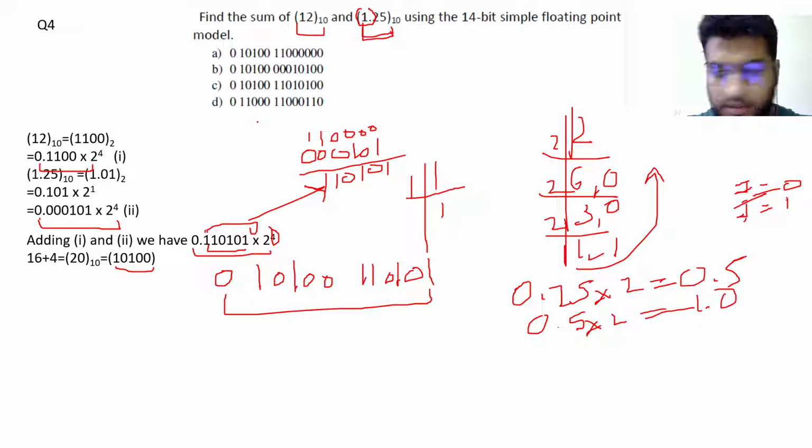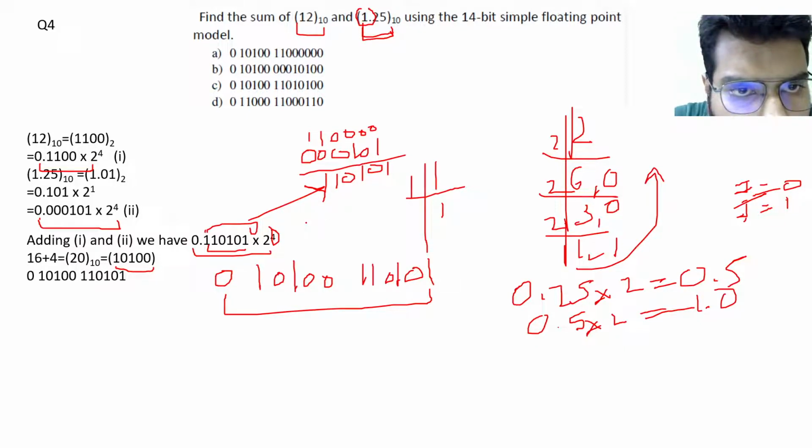I think this is option, no, sorry. So my answer will be 0, 1, 0, 1, 0, 0, and 1, 1, 0, 1, 0, 1. I think this option is not there.